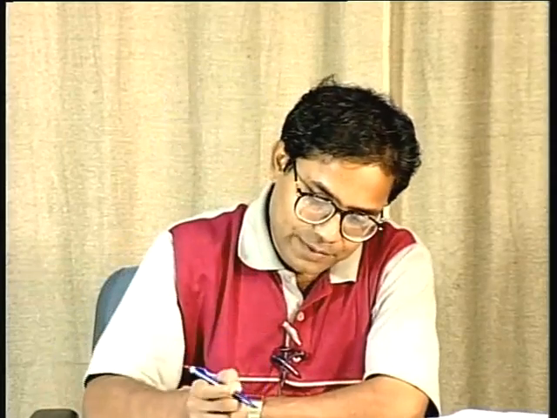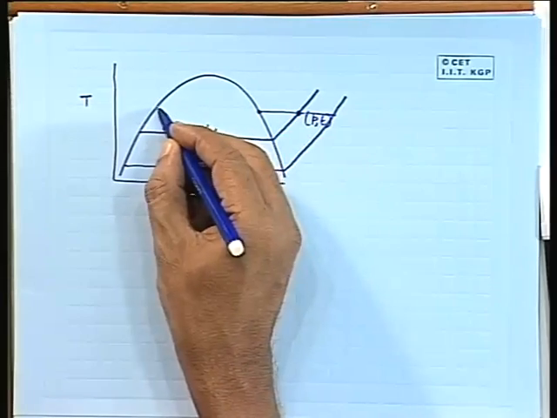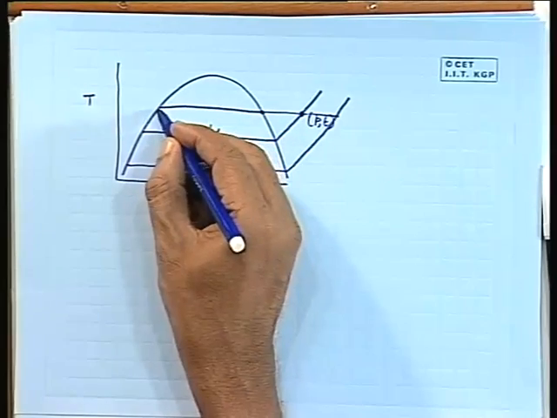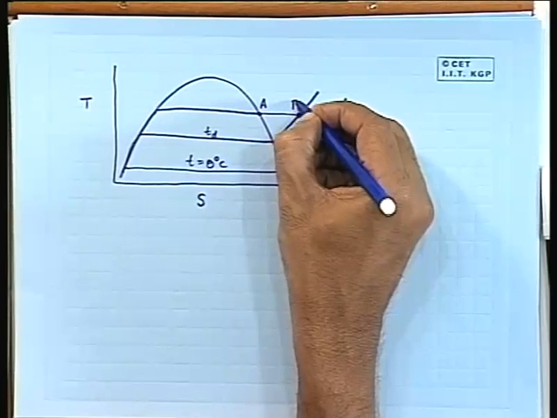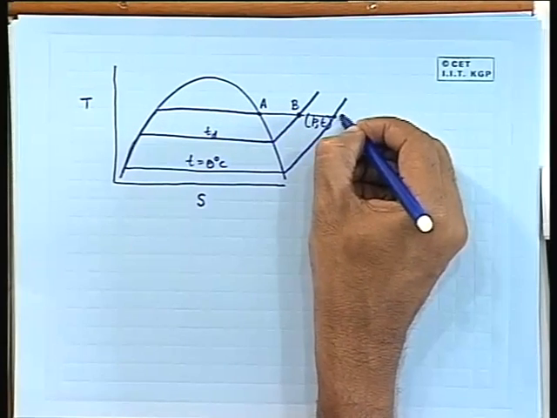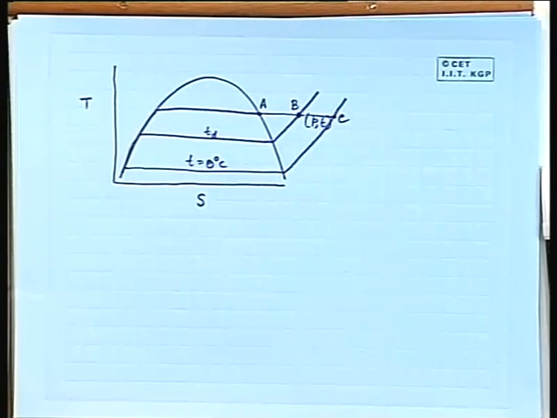That means, suppose I take 3 points at the same temperature, let us say A, B and C, both are at the same temperature, then their enthalpies will not be much different.